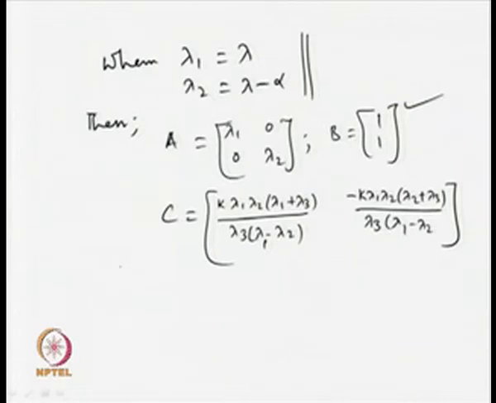Therefore, with a further assumption, when lambda 3 tends to a large number, infinity, what does C become?